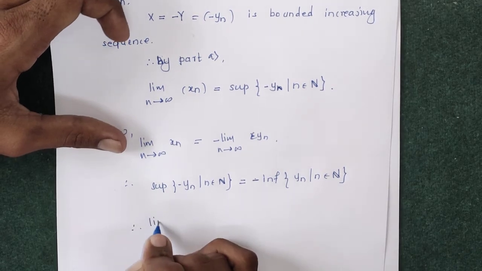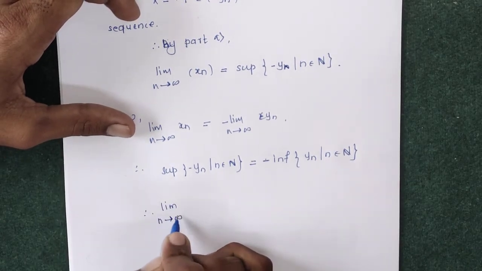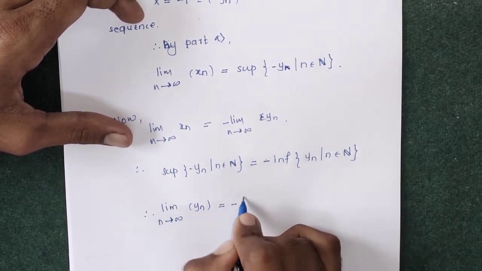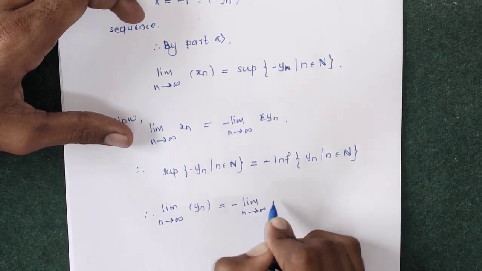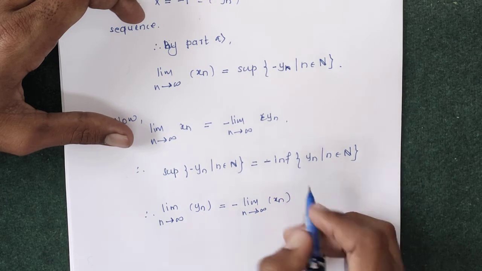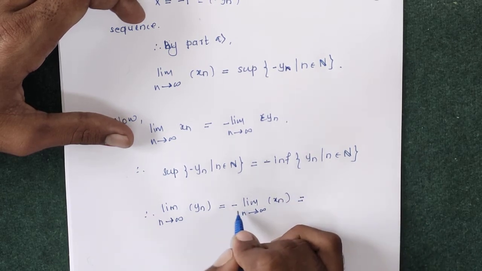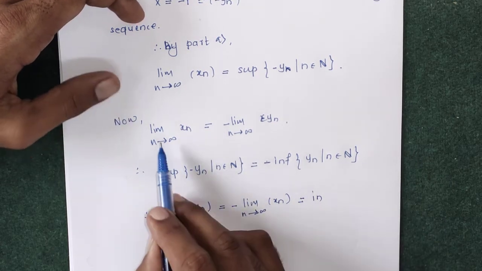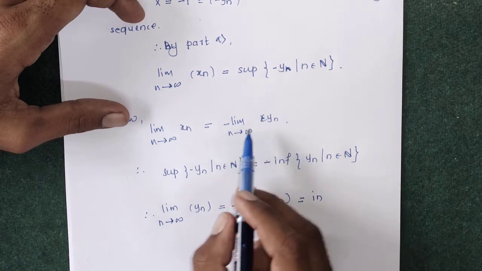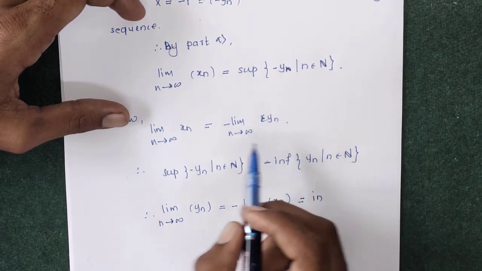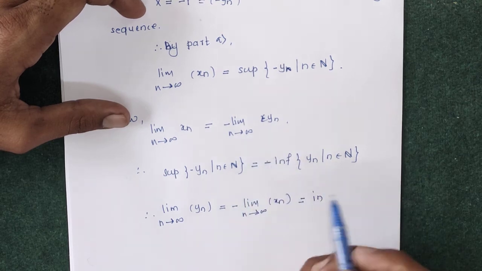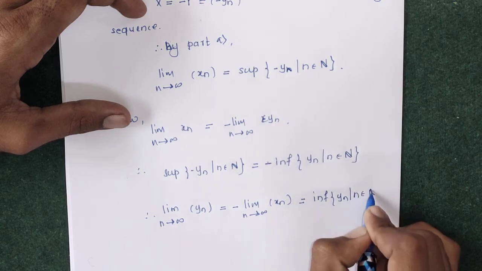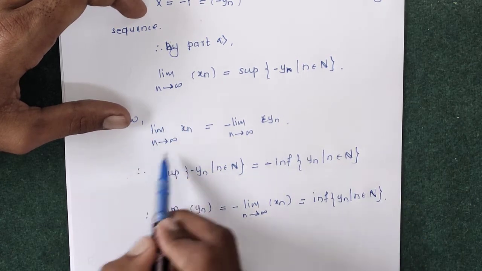Therefore the limit as n tends to infinity of the sequence yn is equal to minus the limit as n tends to infinity of the sequence xn, which equals the infimum, because the sequence xn converges to the supremum of minus yn.